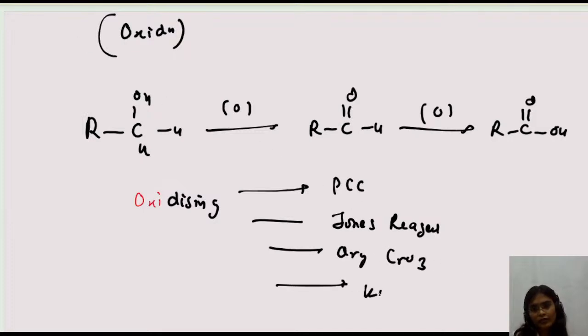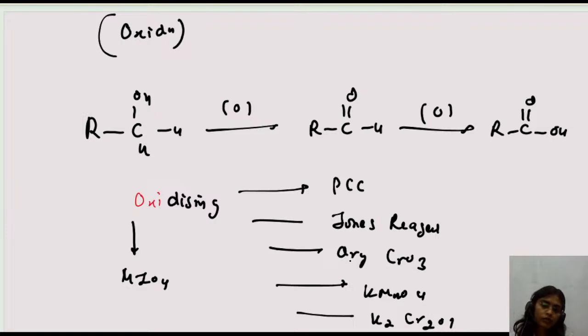And the famous ones, KMnO4 and K2Cr2O7. Some more: HIO3, which we just discussed, HIO4, or I guess the main part is already covered. Maybe I missed one: osmium oxide, yes, OsO4. These are the main oxidizing agents.